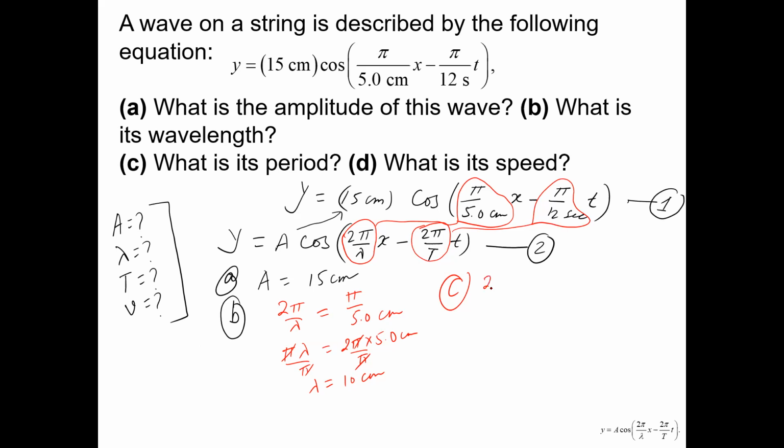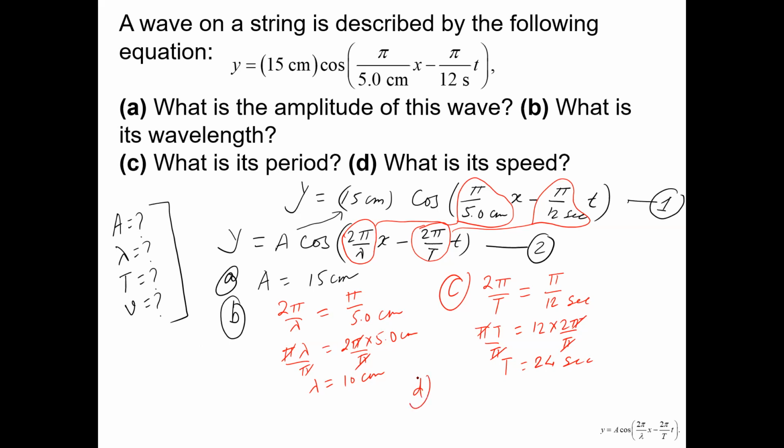So 2 pi divided by T should be equal to pi divided by 12, given in second, in the standard equation. I can cross multiply, I get pi times T is equal to 12 times 2 pi, in second. Divide both sides by pi, the pi cancels, and you get T is equal to 24 second. This is C.